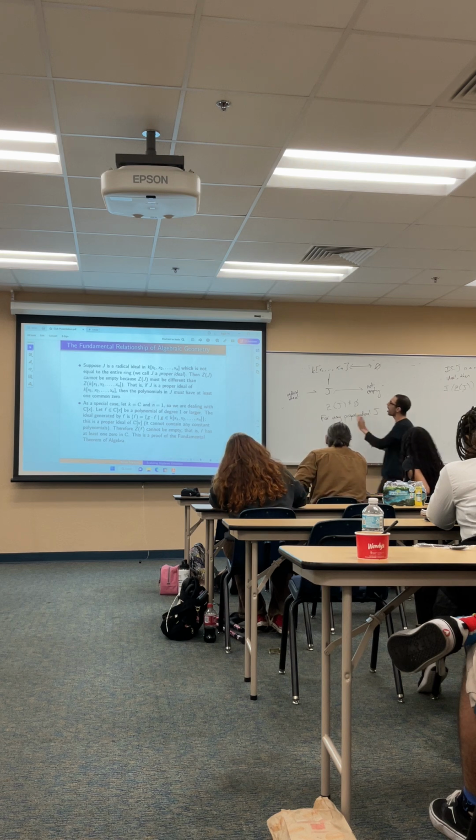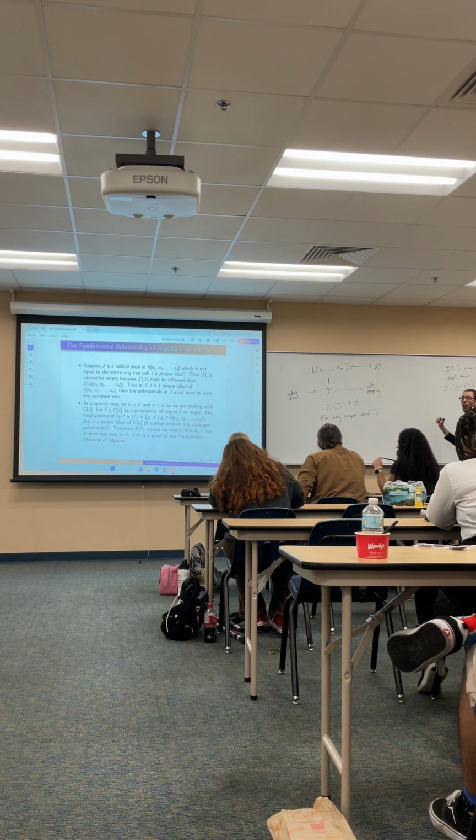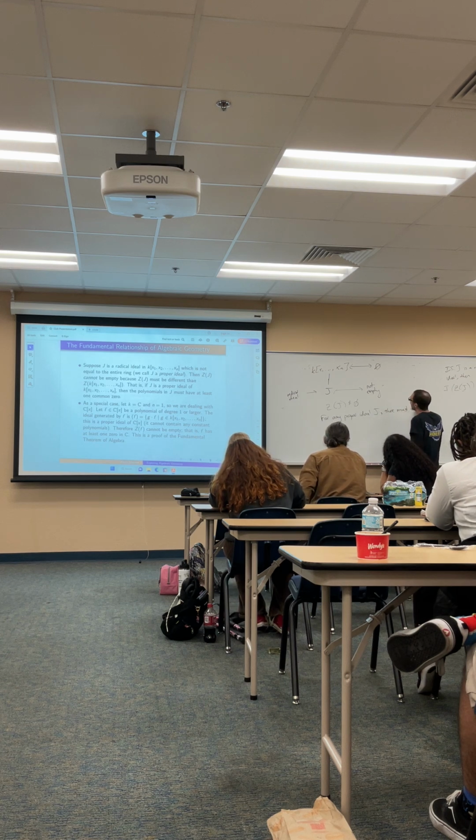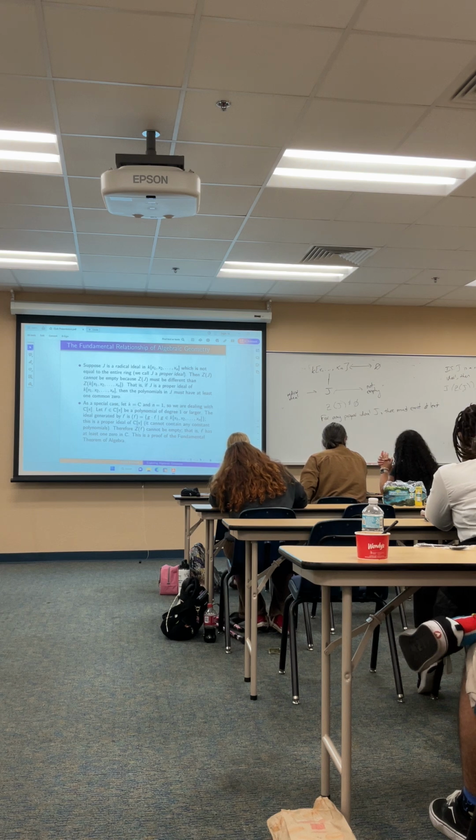So it is not possible to take a proper subset there and then say, oh, there are no common zeros whatsoever. That can't happen. For any proper ideal J, there must exist at least one common zero for all the polynomials in it.